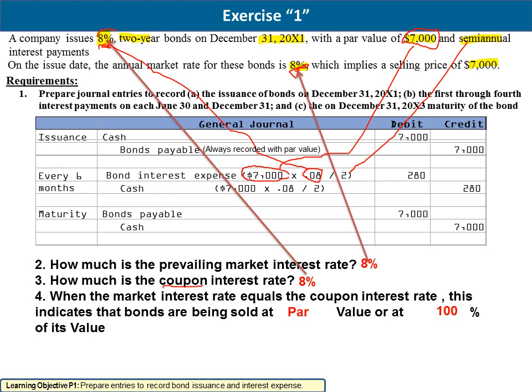Or sometimes, in other situations, bonds can be traded at a price above its par value, so we call it traded at premium. Those two cases we are going to discuss in the next slide, how we record bonds when it's traded at discount and how we record bonds when it is traded at premium.